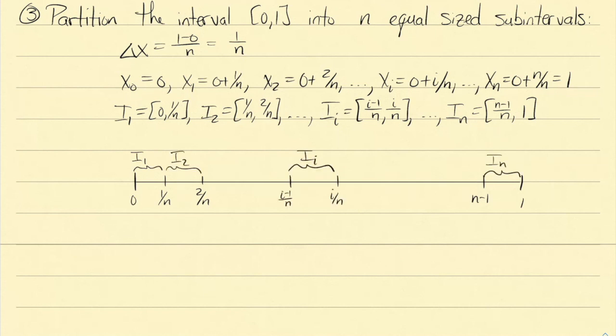So now that we know how to partition the x-axis, we can construct the bases for our rectangles. And in the next video, we're going to talk about how to construct our heights.